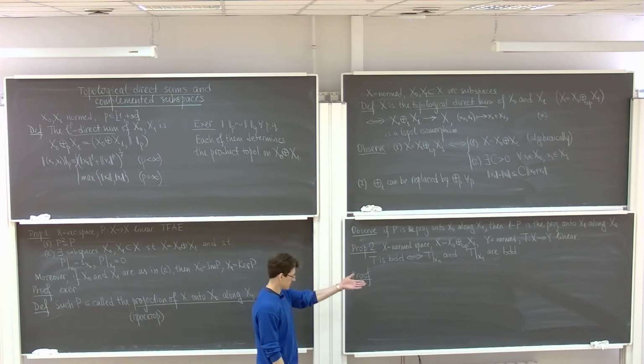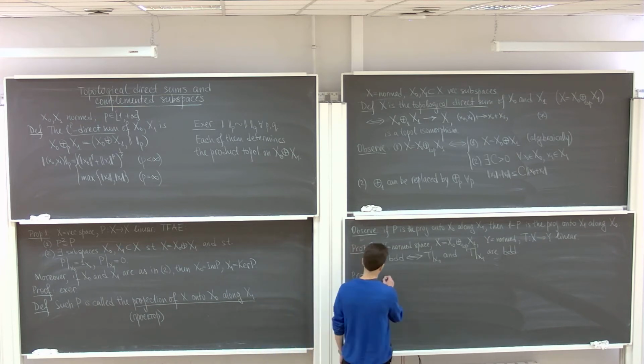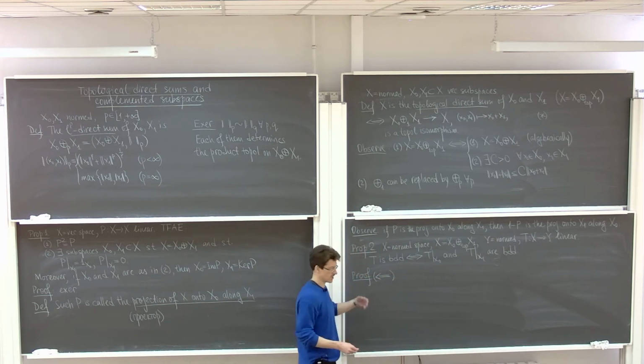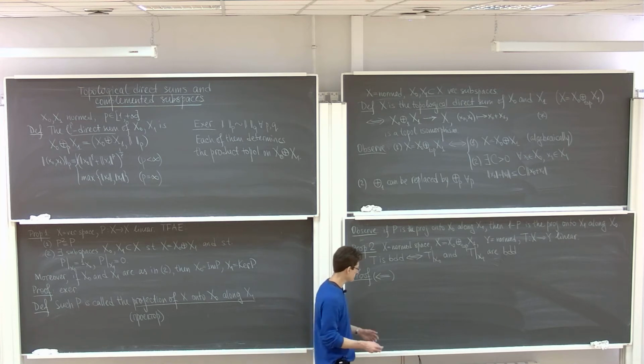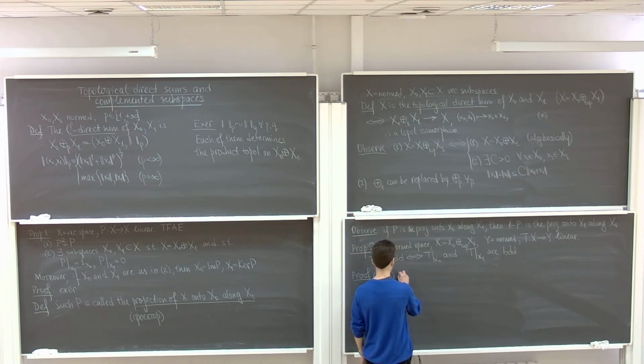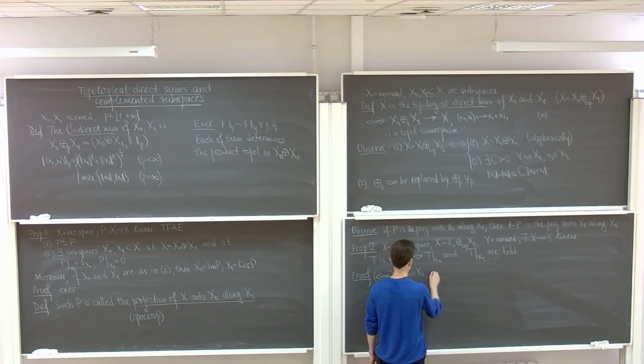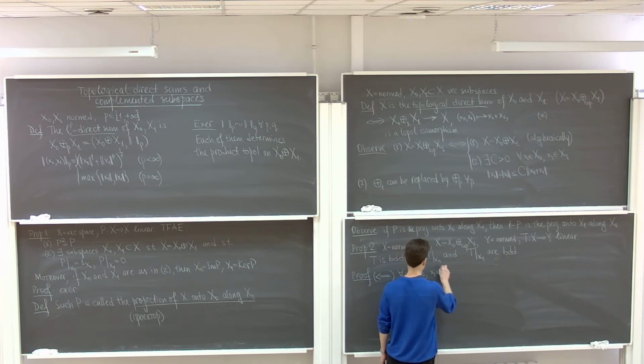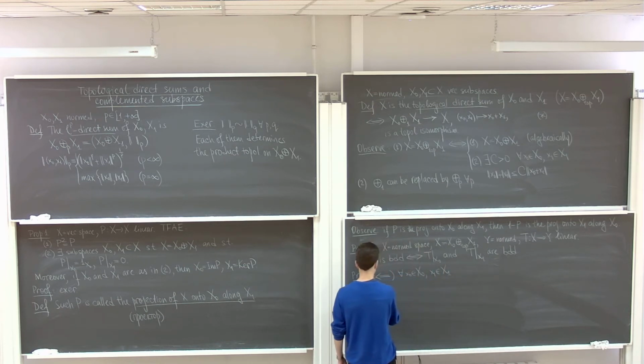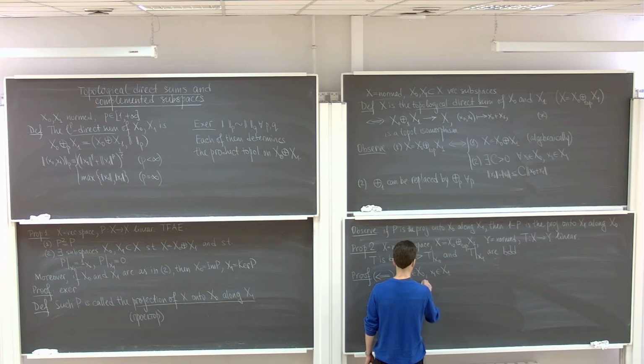Well, of course, the left-to-right implication is clear, so we have to prove the right-to-left implication. So we assume that each of them is bounded, and we have to show that T is bounded. Indeed, if we take an arbitrary vector in X, it can be decomposed as the sum of two vectors from the first subspace and from the second subspace. If we now apply T to this vector, then by the triangle inequality, this can be estimated as follows.